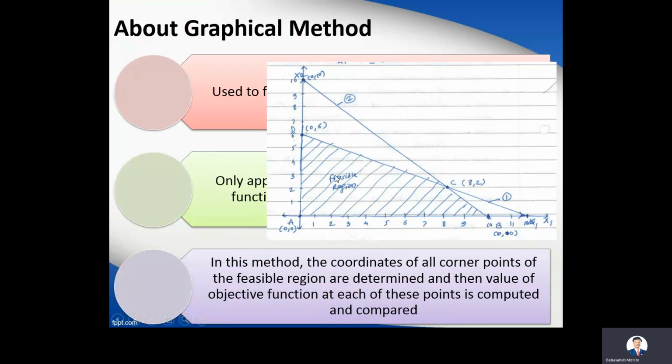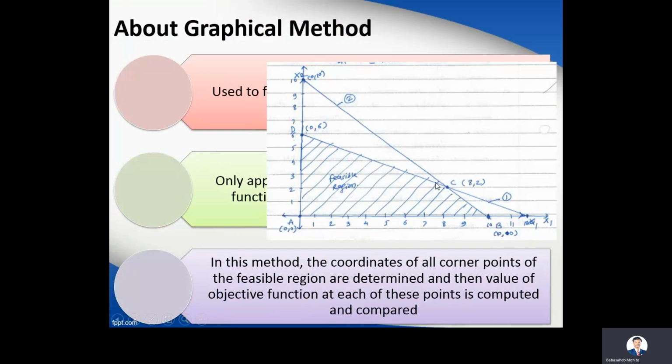And for the feasible region, you have to identify the boundaries of that feasible region, either by inspection or by some equation solving methods. How to identify those things, we'll also discuss with the help of some examples. So in the graphical method, you determine the coordinates of all corner points of the feasible region.